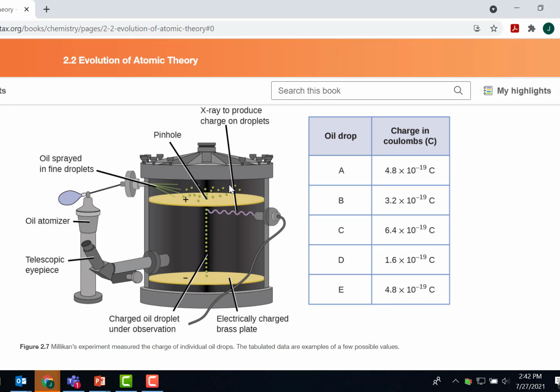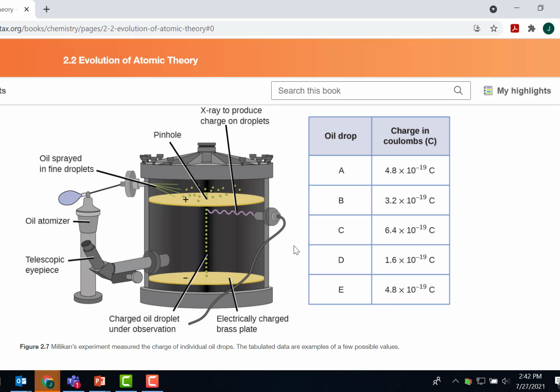So what happened is they sprayed oil into this container, and by varying the charges, they could look at how fast these drops are falling in this region. Maybe the oil drop has 1 electron, maybe it has 2, maybe it has 3, maybe it has 50.